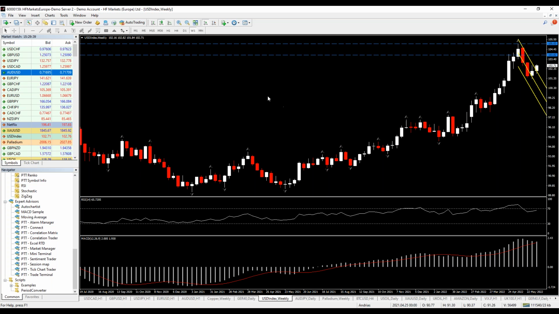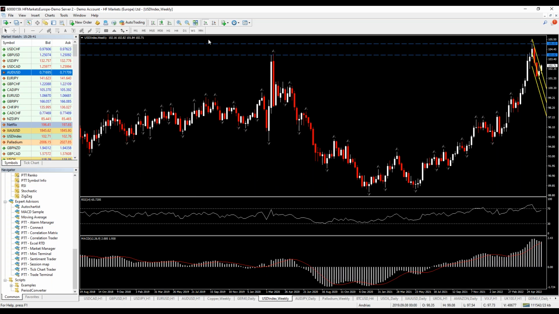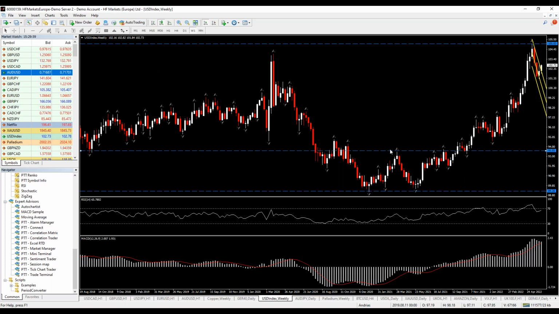So what we have here is the weekly chart. We have a preceding downtrend, right? A floor here between December 2020 and May 2021, and some kind of resistance area here. Let me put in lines, these lines are more helpful.